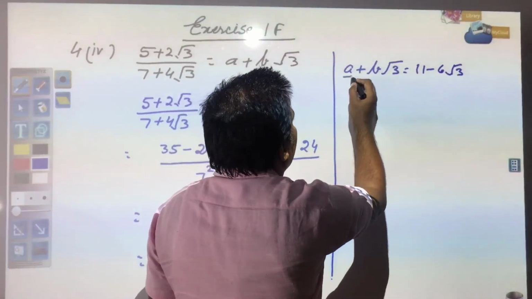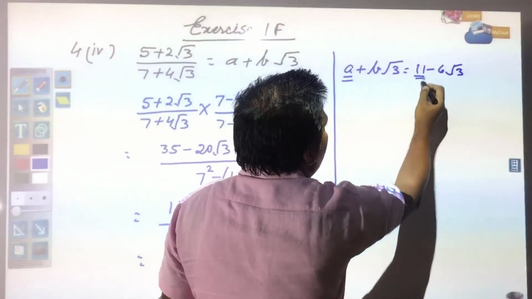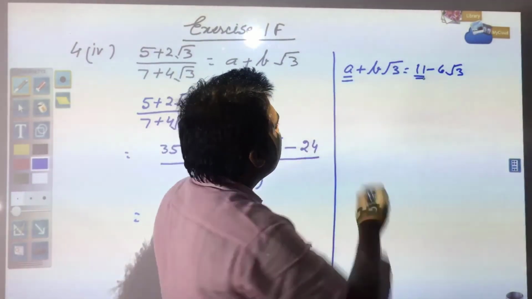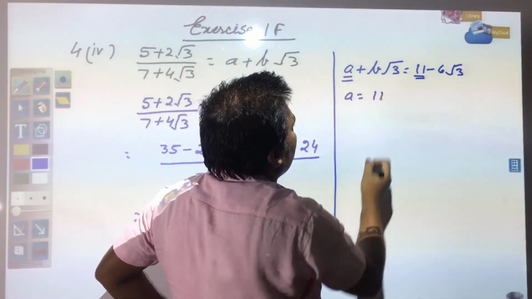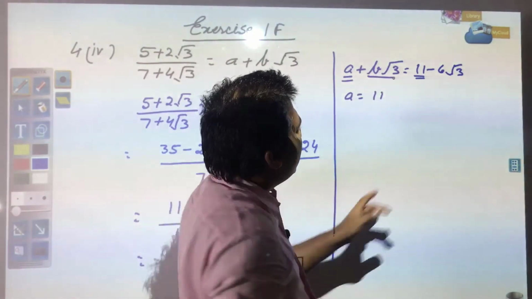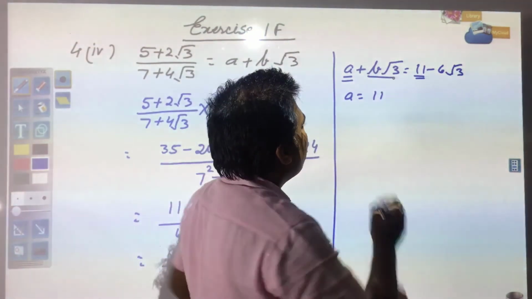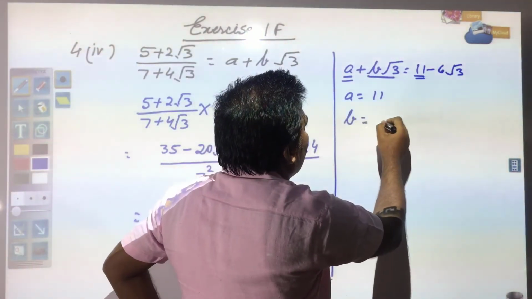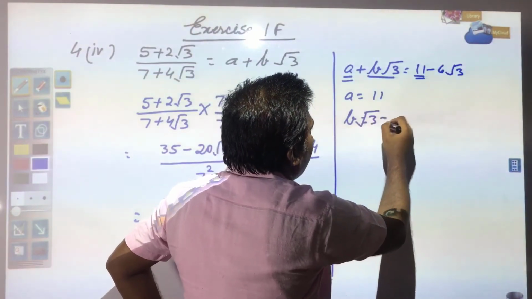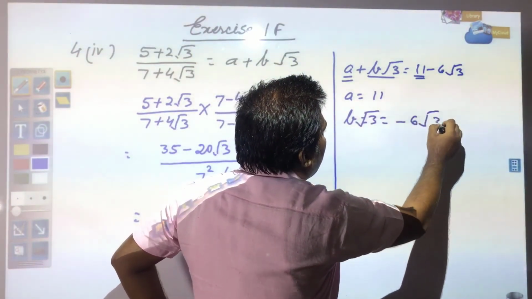Here you see a and 11, you need to compare this. So, a will be equal to 11, b root 3 will be equal to minus 6 root 3.